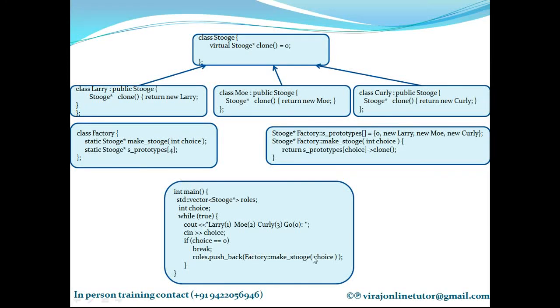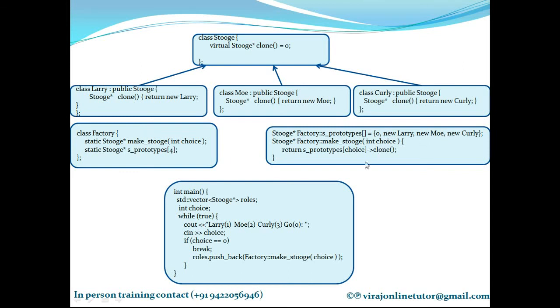Come outside my program. If choice is not 0, then what am I doing? Suppose choice is 1, then call this mixToJ function and pass 1 to it. So it will go here and it will create an object of Larry. If the user passes 2, again it will go here, it will get 2. So what is located at index 2? Mo.